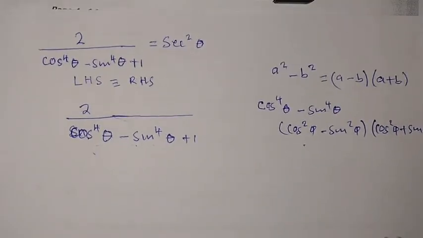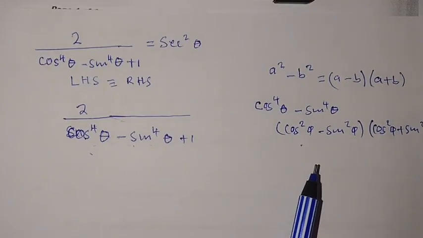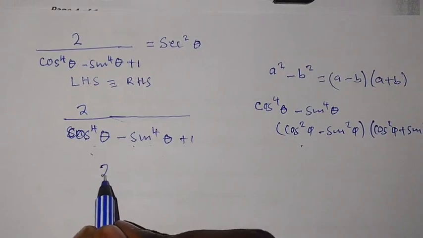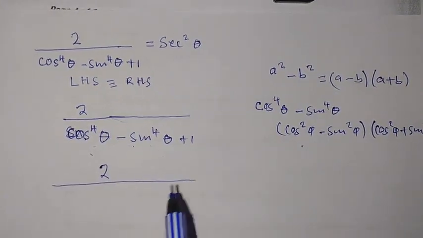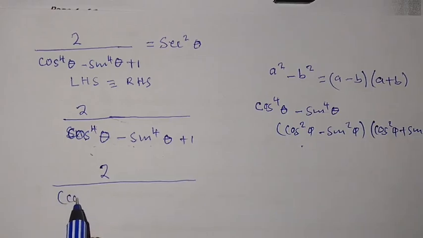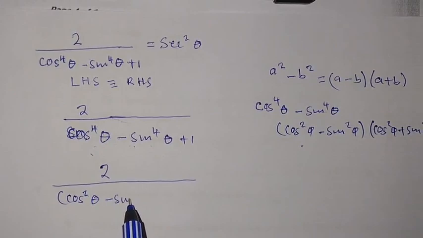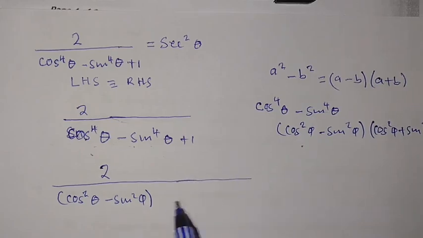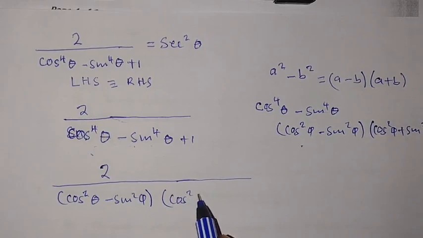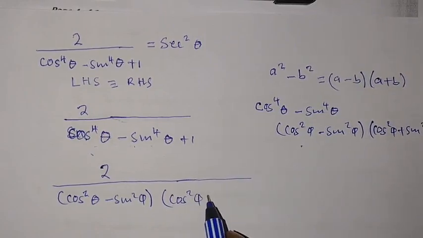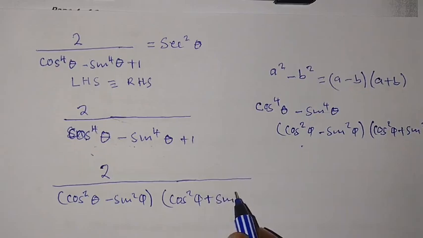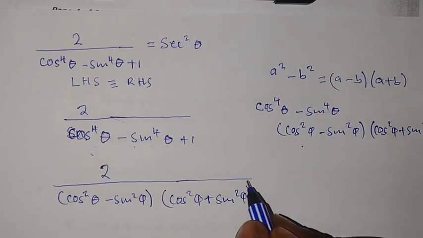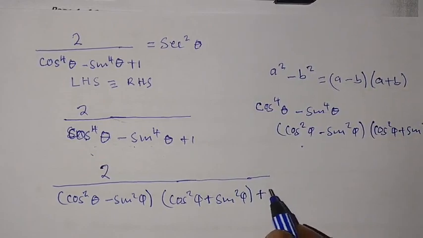So we are going to write 2, then cos squared theta minus sine squared theta in brackets, again, we open the brackets, cos squared theta plus sine squared theta, then plus 1.